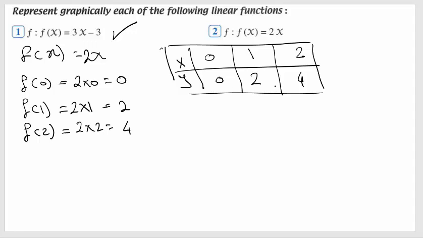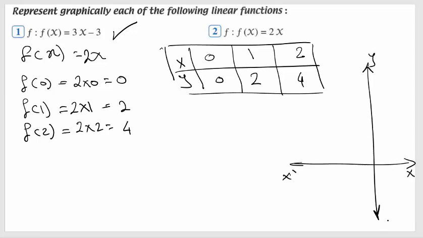So I got 3 points. If I join these 3 points, it will be my line. So I will draw, it's not a good line. I will draw a vertical line which represents the y-axis and a horizontal line which represents the x-axis.